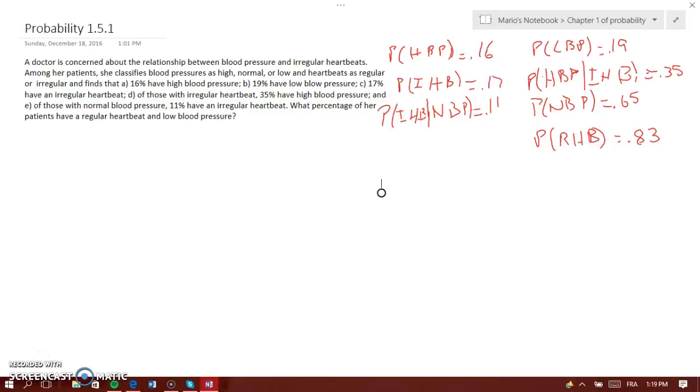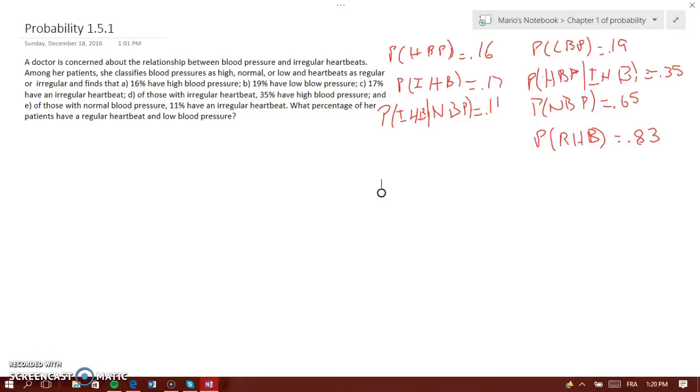An example in statistics and probabilities. It says that a doctor is concerned about the relationship between blood pressure and irregular heartbeats. Among her patients, she classifies blood pressure as high, normal, or low, and heartbeats as regular and irregular, and finds that 16% have high blood pressure, 19% have low blood pressure, 17% have an irregular heartbeat.